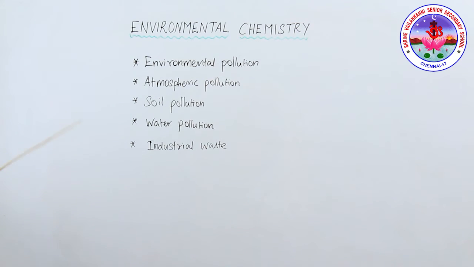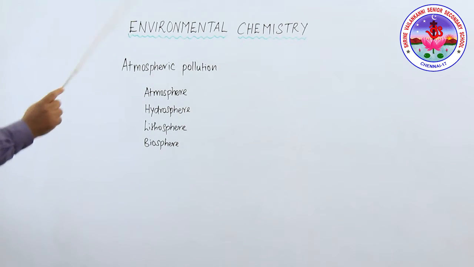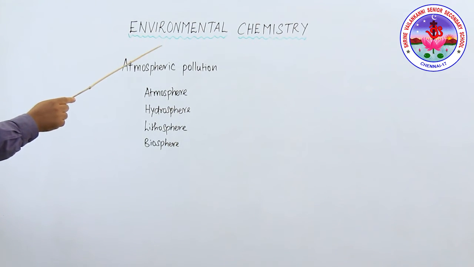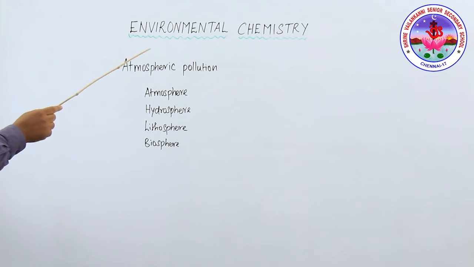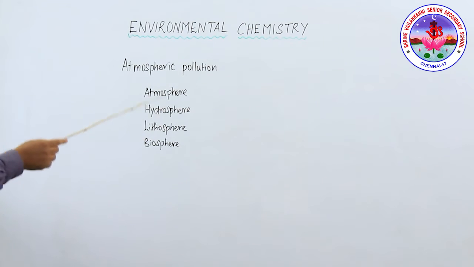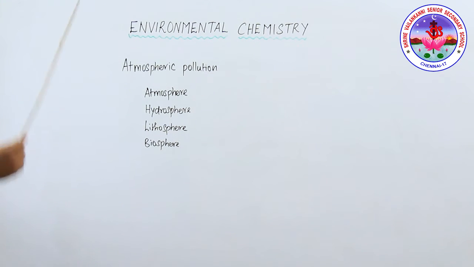Then we will see atmospheric pollution. The term environment means surroundings. It comprises four major components: atmosphere, hydrosphere, lithosphere and biosphere. First we will discuss a brief idea about the atmosphere.